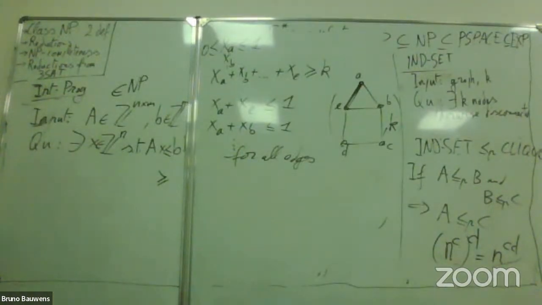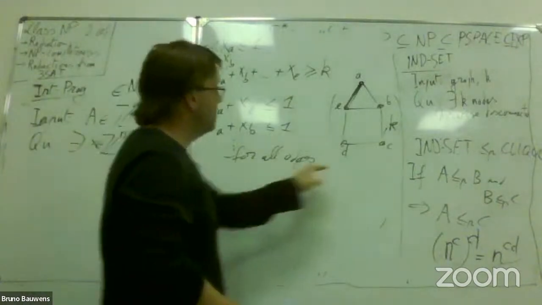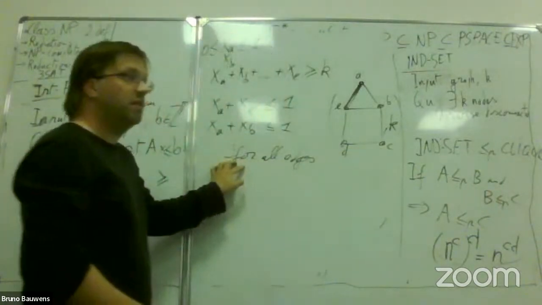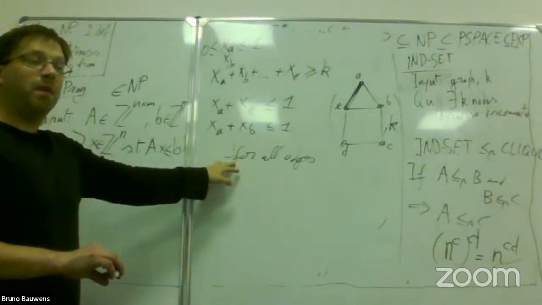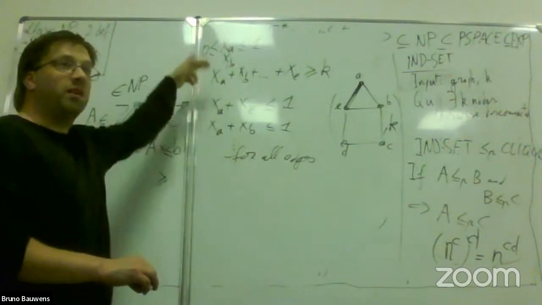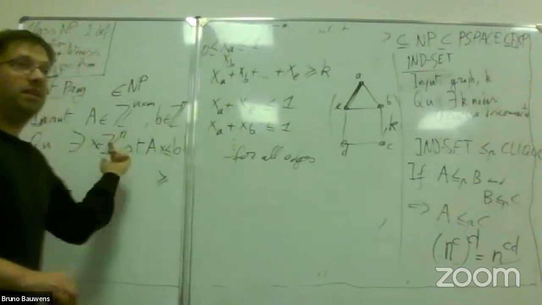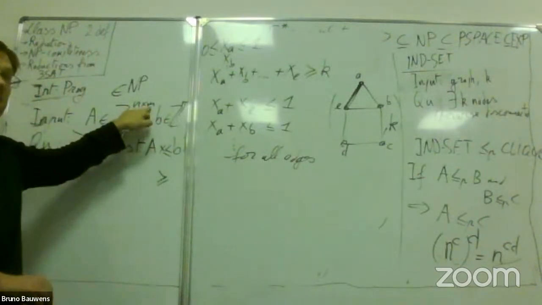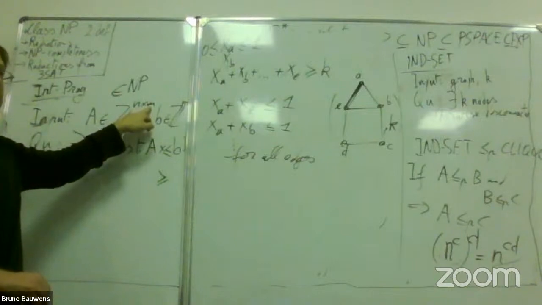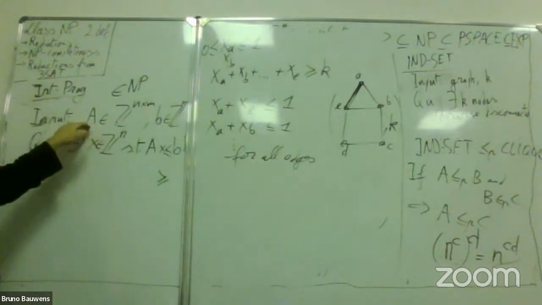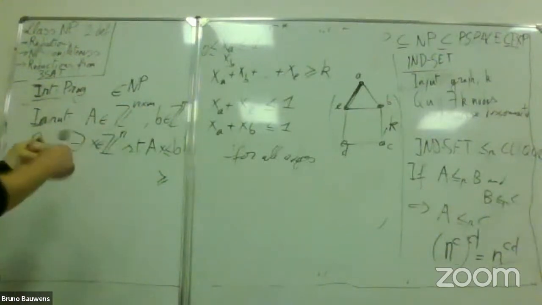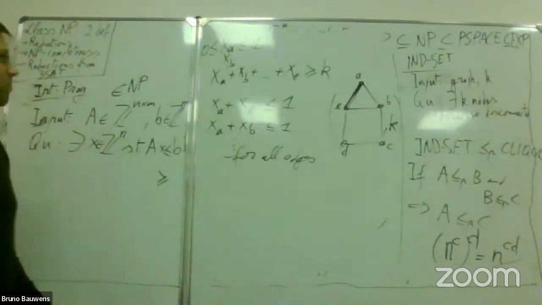The claim is that this reduction from the graph to the matrix A, b can happen in polynomial time, because N and M are polynomial, and A is of size N times M, so writing all coefficients can be done in polynomial time.